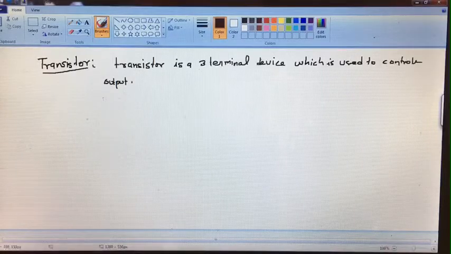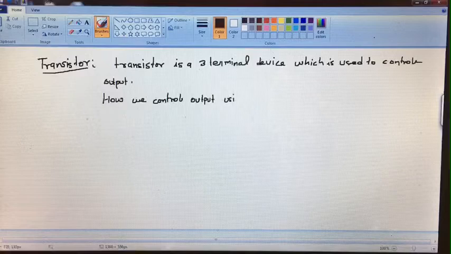Now, how we control output using third terminal.